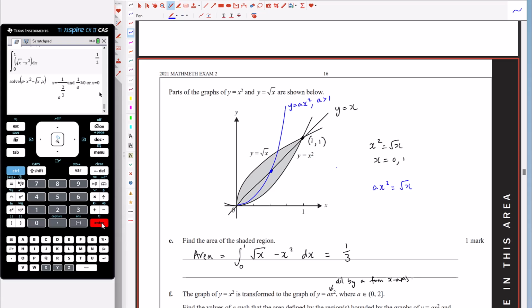So they intersect at x equals 0, which we already know, and at x equals 1 on a to the 2/3. So I'm going to write that as a to the negative 2/3. So that point there is a to the negative 2/3.